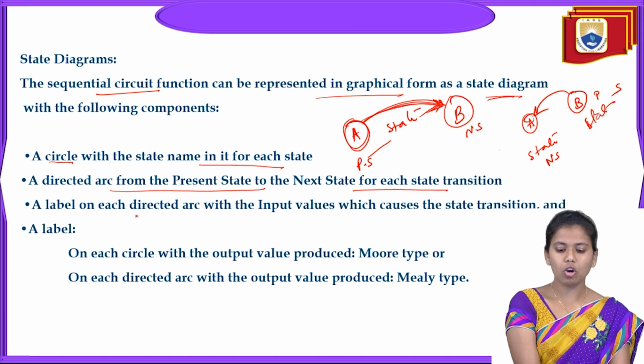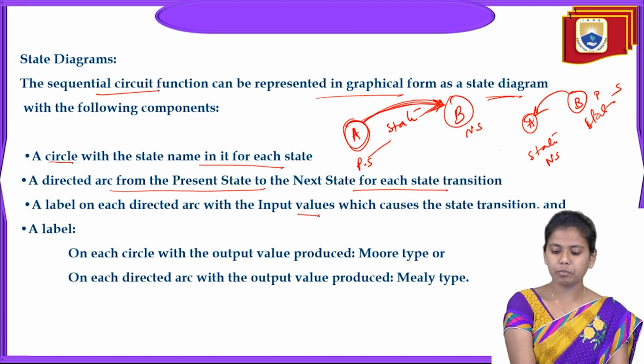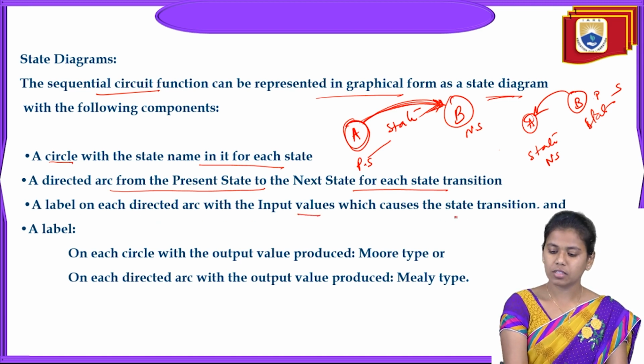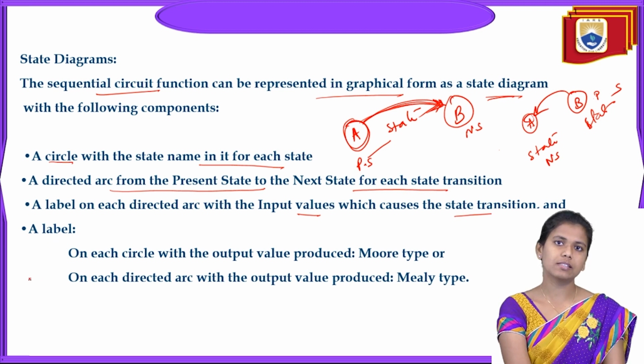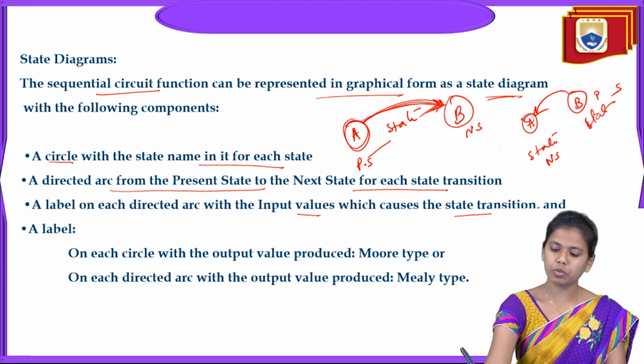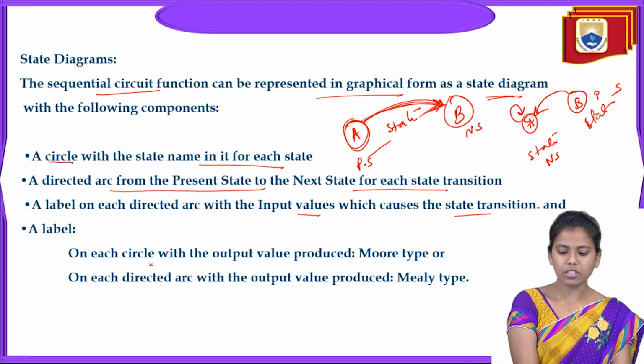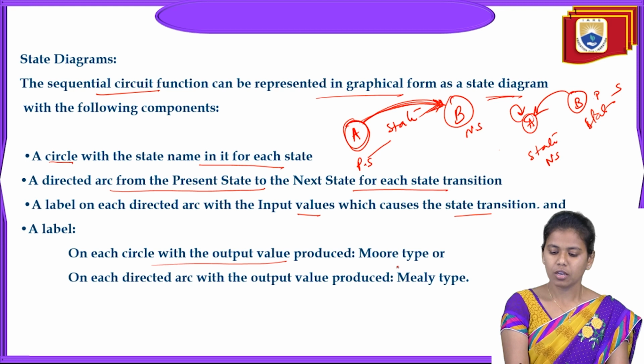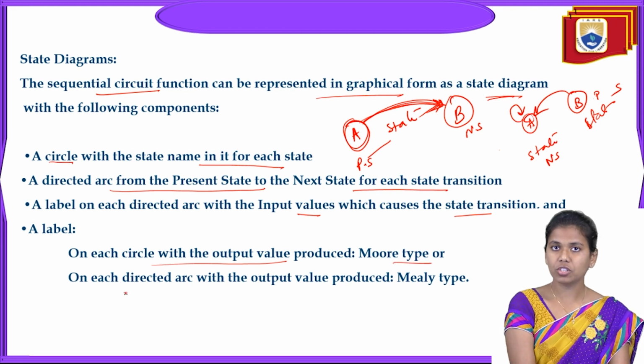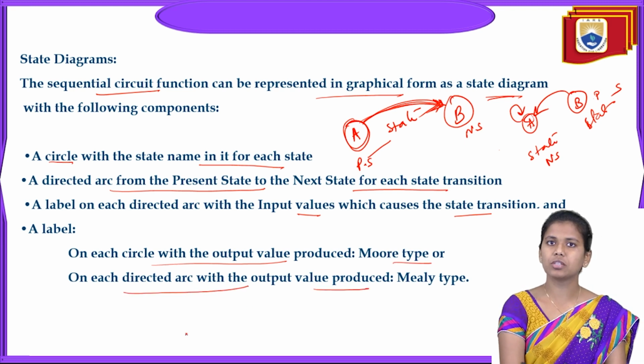Then a label on each directed arc with the input values which cause the state transition. And so here we will see some labels: one on each circle with the output value produced, Moore type, and one on each directed arc with the output value produced, Mealy type.